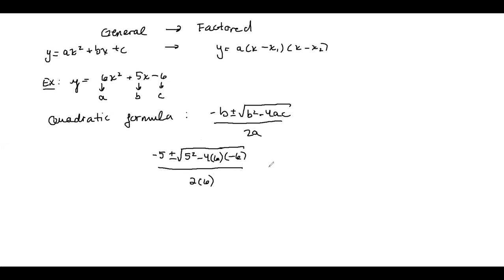So here we have minus 5 plus or minus the root of 25 plus 4 times 6 times 6, which is 144. It is positive because a negative multiplied by a negative gives a positive. All of this is divided by 2 times 6, or just 12.